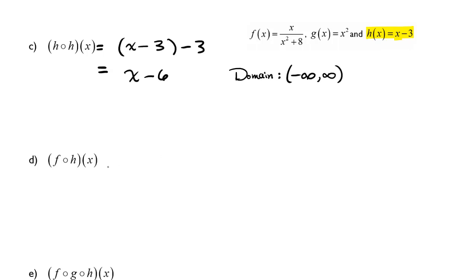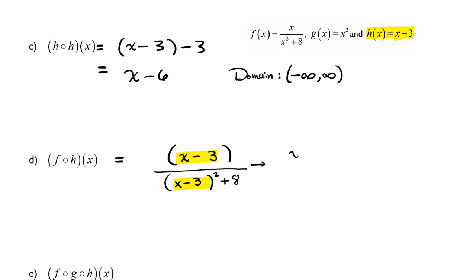Now we need to find the composition of f of h of x. First, the outer function. We'll leave open spaces wherever there's a variable, and then substitute h of x, which is the x minus 3, inside. I will then simplify. In the numerator, we still just have x minus 3.